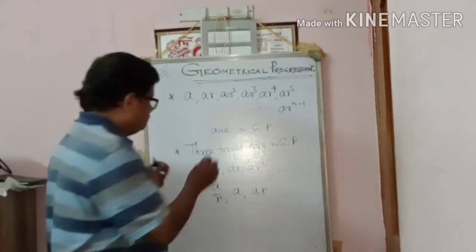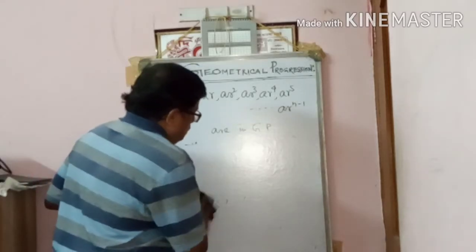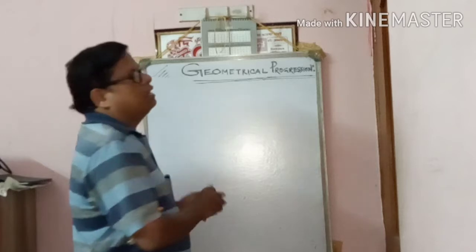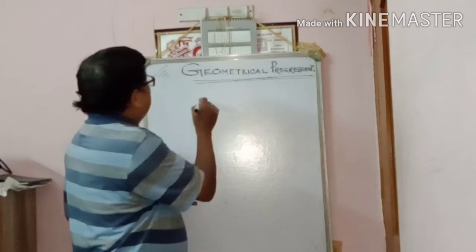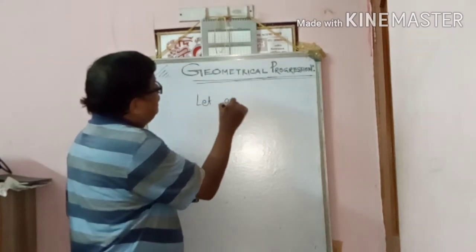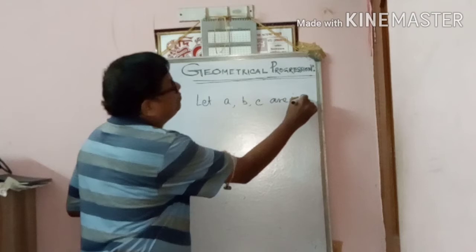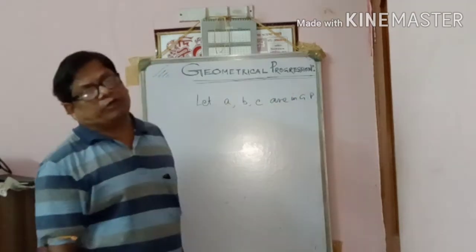Now suppose three different terms A, B and C are in GP, geometrical progression.